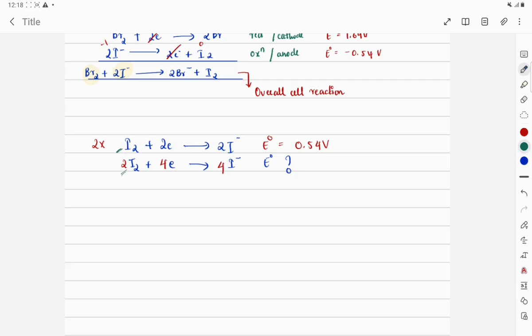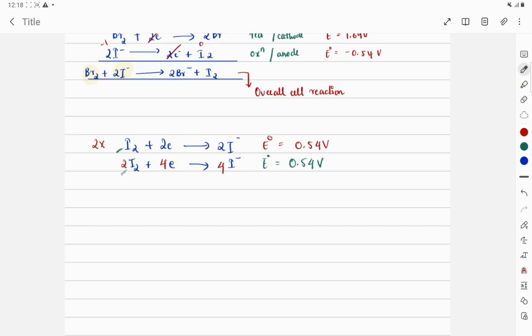My E0 value will always be the same, 0.54 volt for this reaction too. So E0 is intensive. No matter how much the stoichiometry changes, your E0 value will not change.